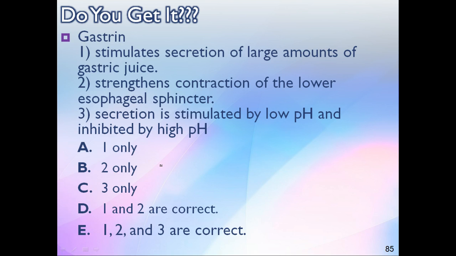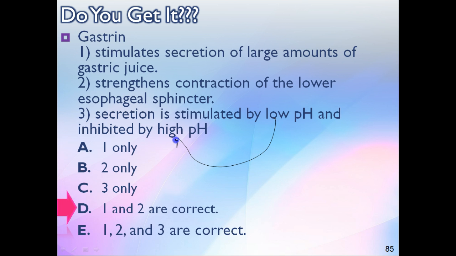So gastrin stimulates secretions of large amounts of gastric juices, strengthens contraction of the lower esophageal sphincter. Gastrin secretion is stimulated by a low pH and is inhibited by a high pH. Well, of all of these, the only one that is correct is D. Three is not correct. We would have to reverse these.